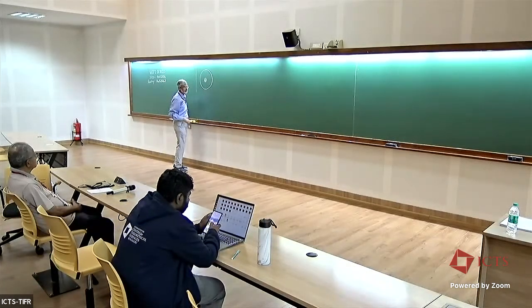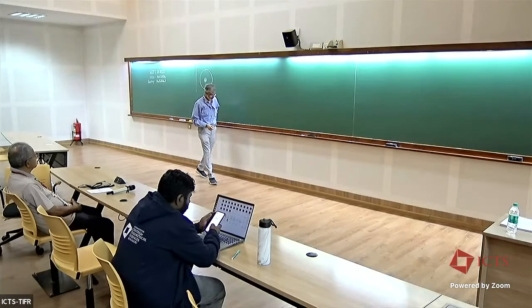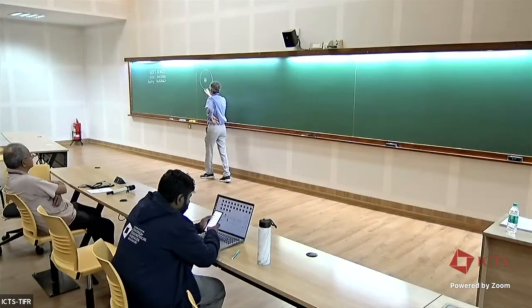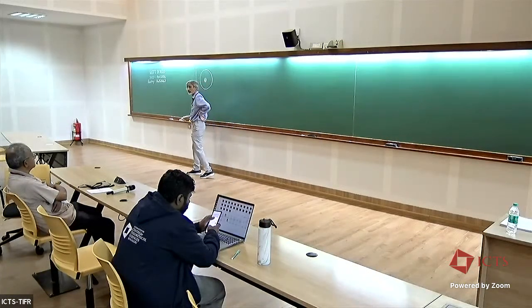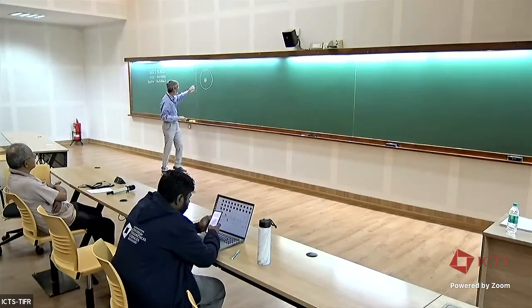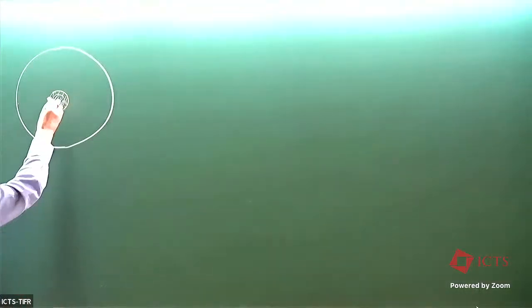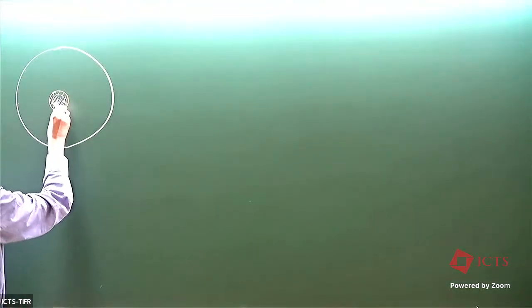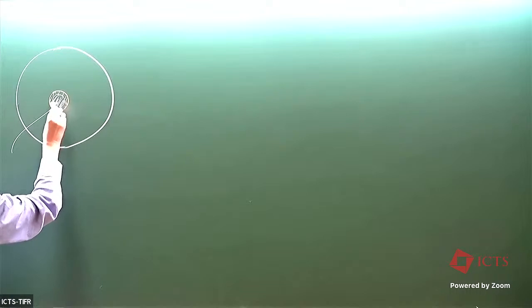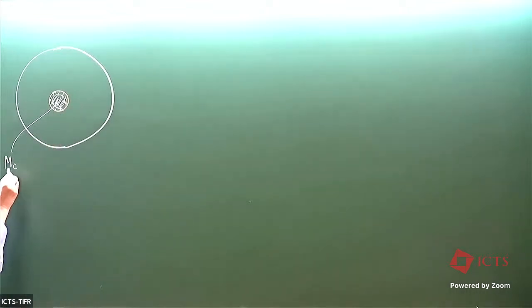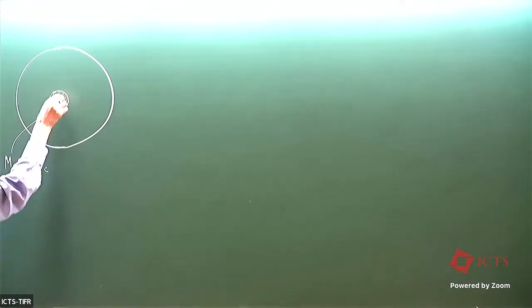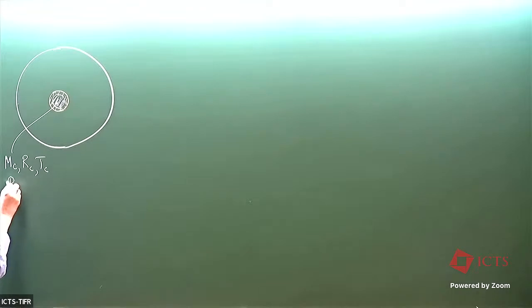And this core doesn't have nuclear burning, so there is not much heat flux out of the core, so the core is practically isothermal. So let's say the core mass is mc, radius is rc, temperature is Tc. So the pressure at the surface is Pc.